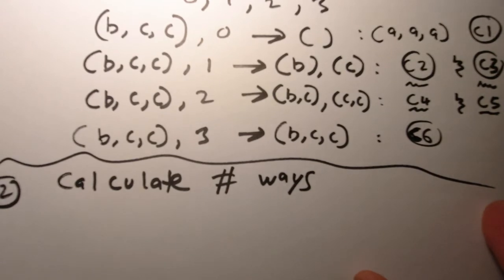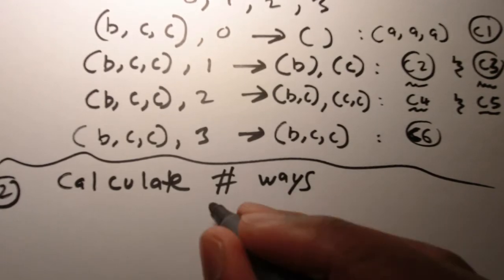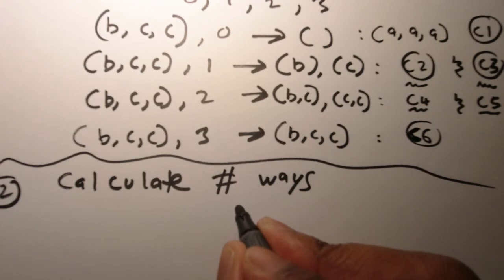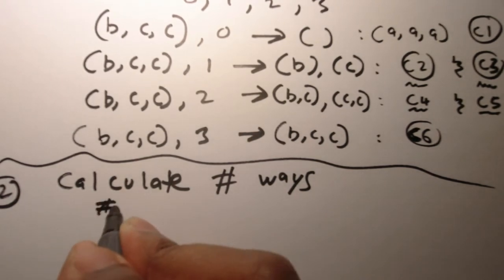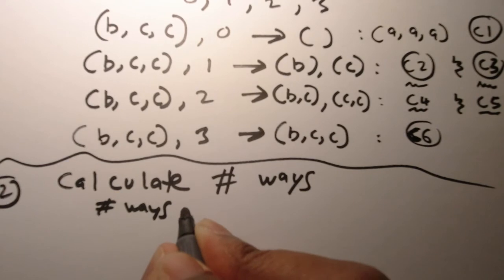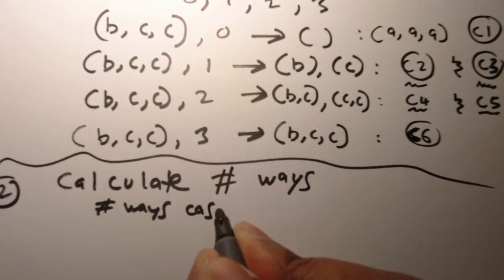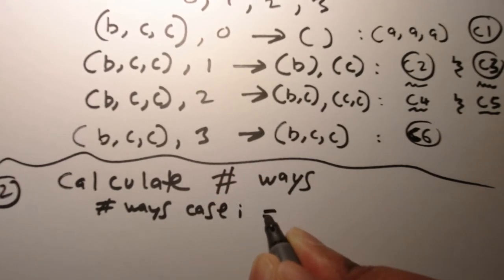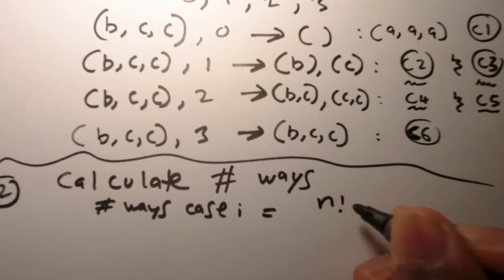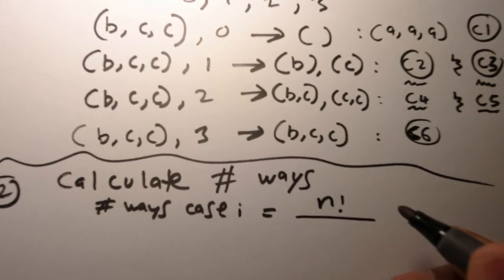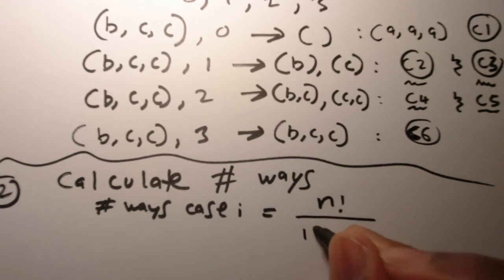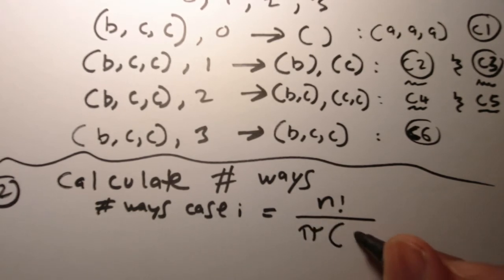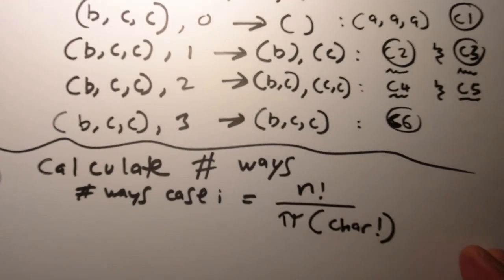Now, if you recall from method 2, we had used this formula: number of ways for case i is going to be equal to n factorial, which is the size of the string, divided by the product of each character factorial. Now do keep in mind, when I say each character, I'm really referring to the quantity of that character.